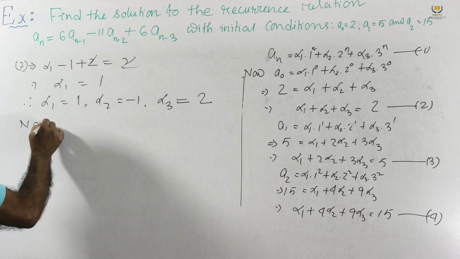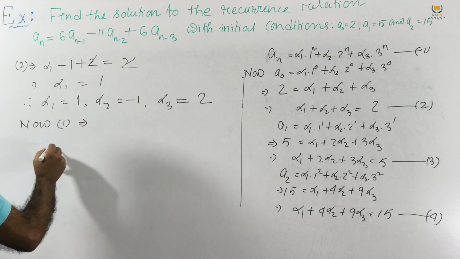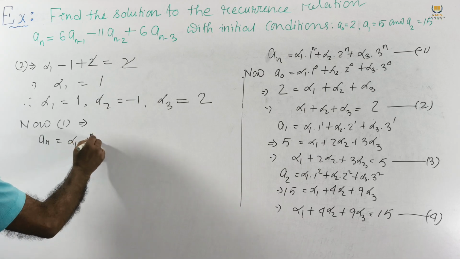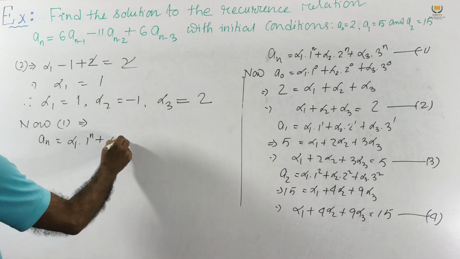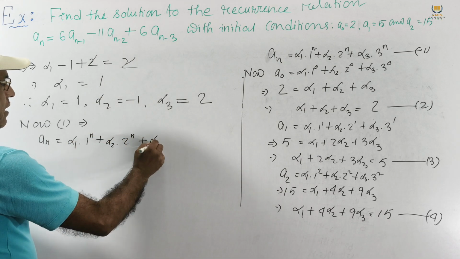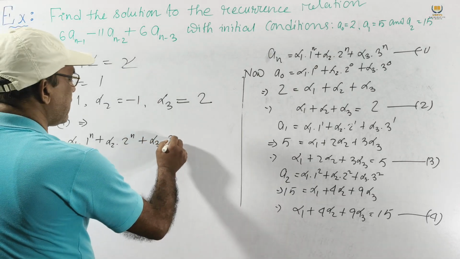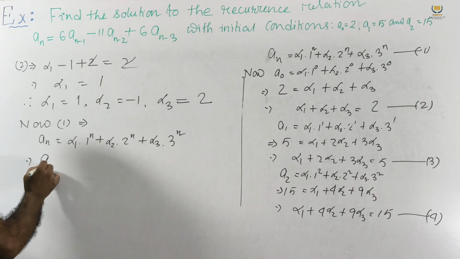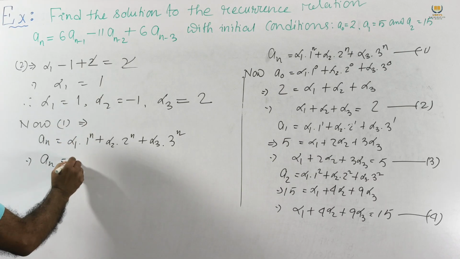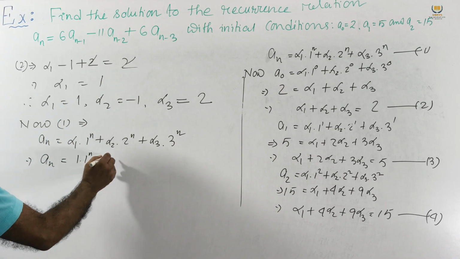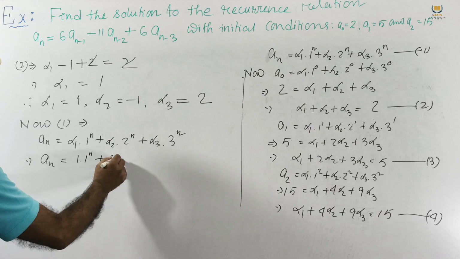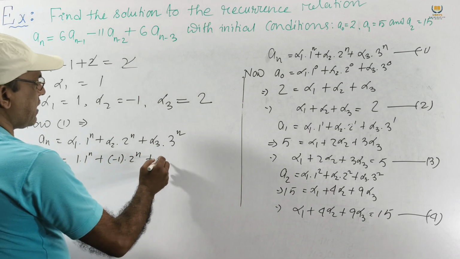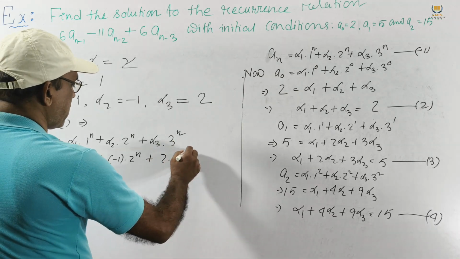In equation 1, a_n equals alpha 1 into 1 to the power n, alpha 2 into 2 to the power n, alpha 3 into 3 to the power n. Putting the respective values, alpha 1 is 1 into 1 to the power n, alpha 2 is minus 1 into 2 to the power n, and alpha 3 is 2 into 3 to the power n.